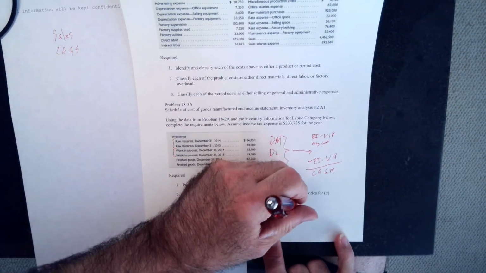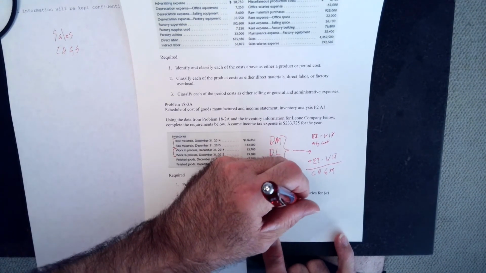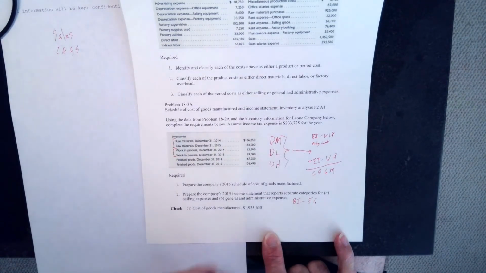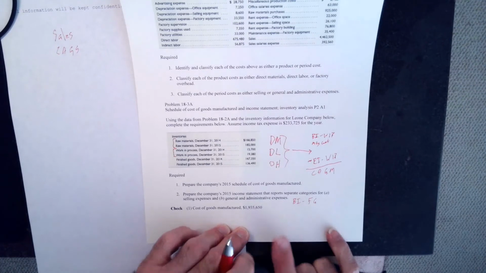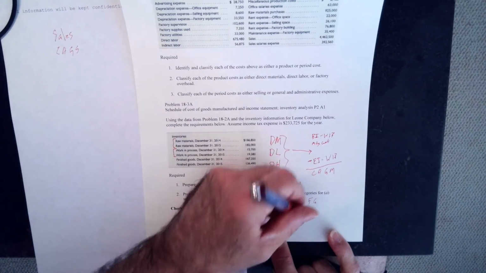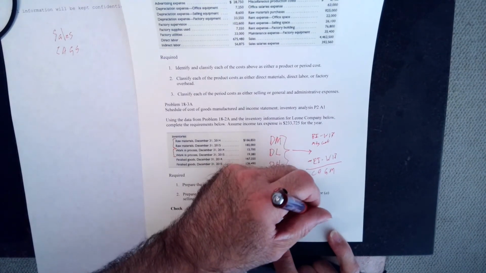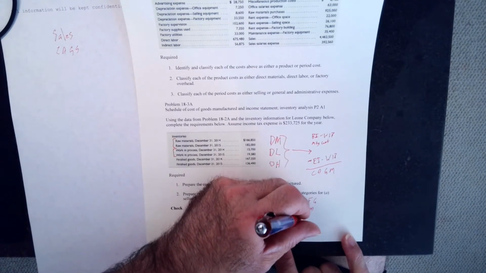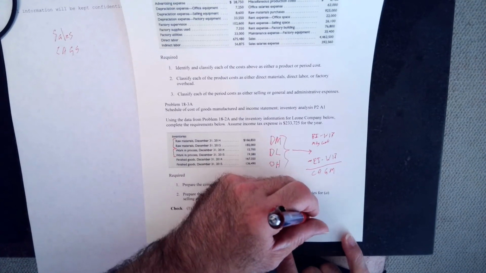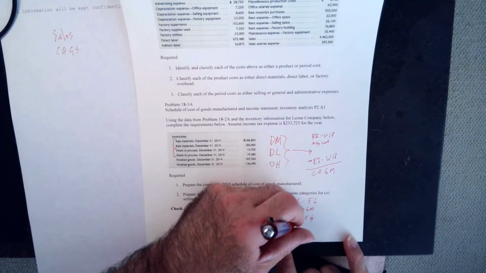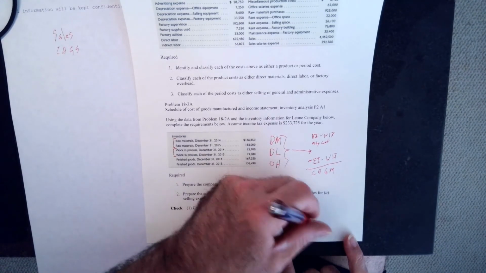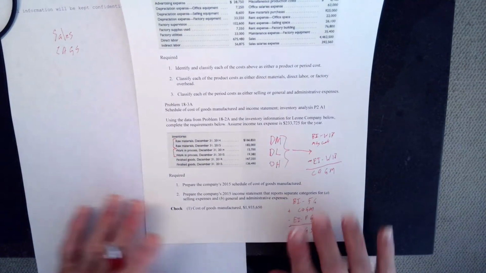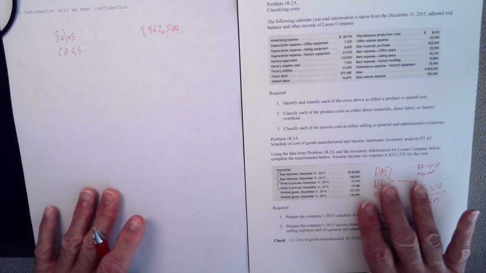Okay, I start with my beginning inventory for finished goods, FG, and I add to it cost of goods manufactured, and then I subtract my ending inventory for finished goods to come up with cost of goods sold. Okay, so that's what I'll start with.